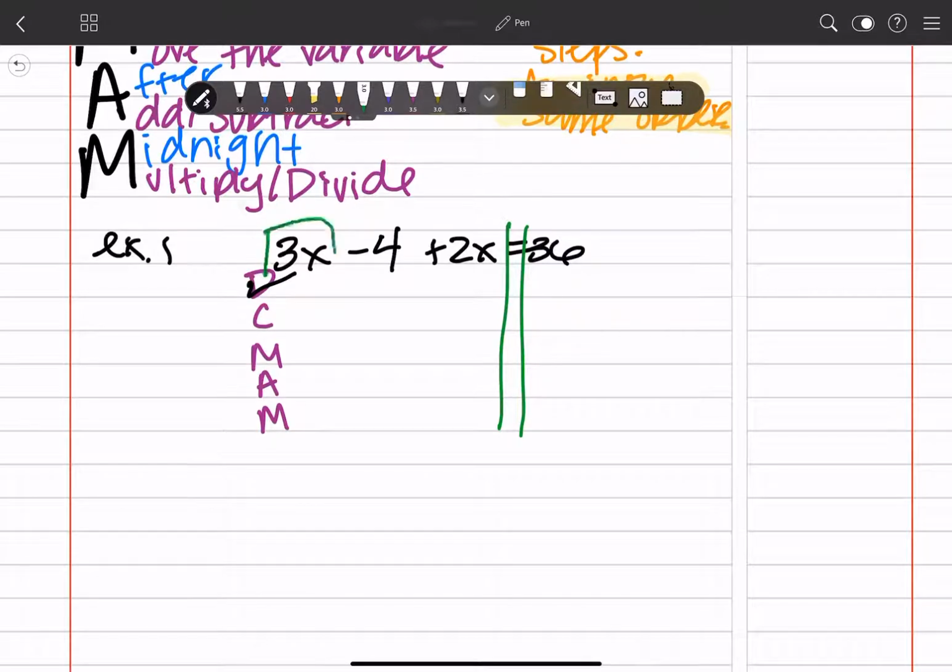So the 3x, I can put a box around it. And the 2x, I can also put a box around it because they have the same variable and the same exponent. Which leaves us with the minus 4. Remember, I cannot circle the 36. It's on the other side of the equal sign. We only combine like terms on the same side.